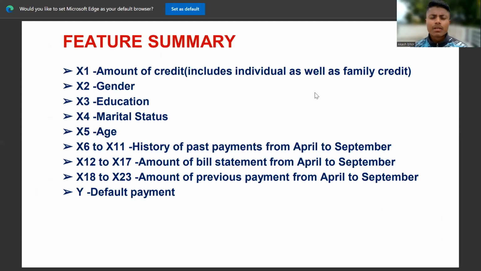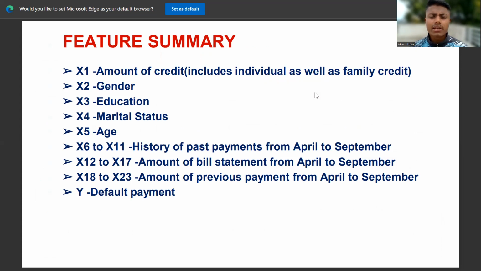Feature summary. X1 is the amount of credit, which includes individual as well as family credit. X2 is gender. X3 is education. X4 is marital status. X5 is age.